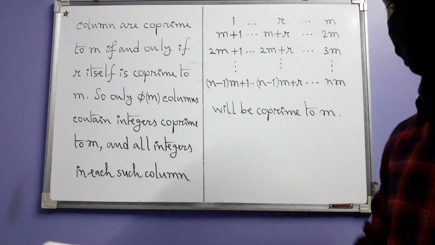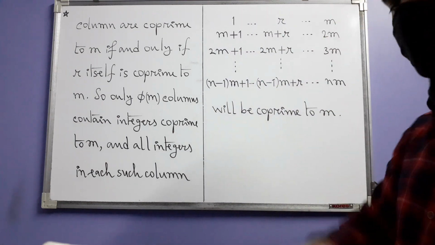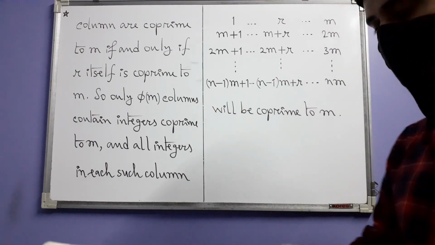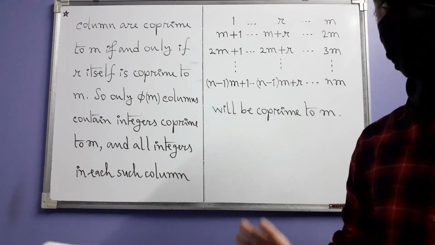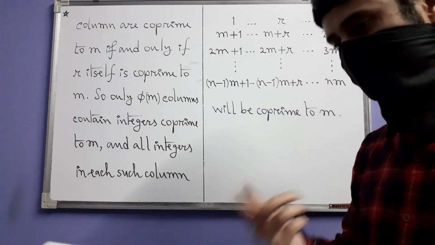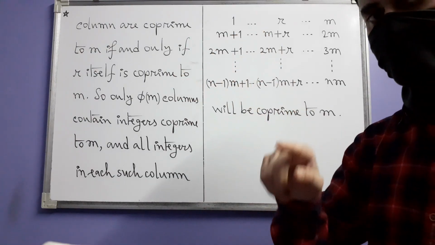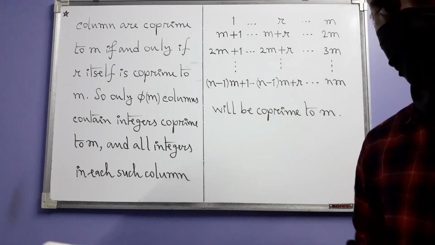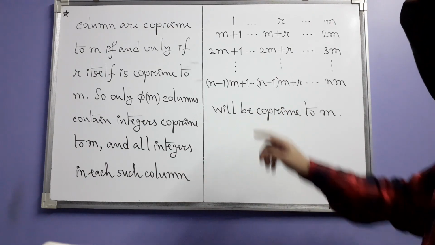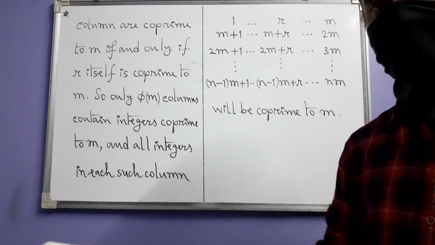The top member has to be co-prime to m. Like this one, there will be other options. This last column, for example, does not have integers which are co-prime to m, because the GCD of m and m is m itself, which is not 1. Why? Because you remember, m has been assumed to be greater than 1, n is also greater than 1.